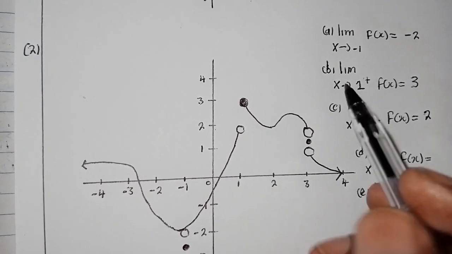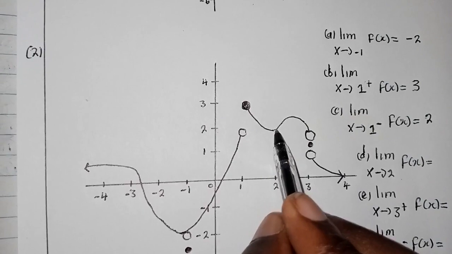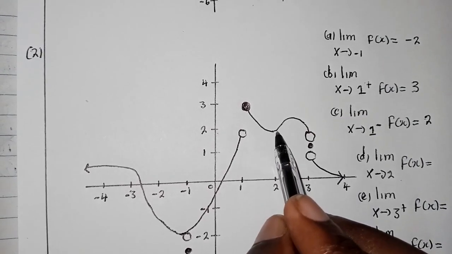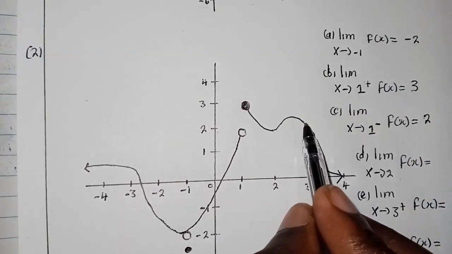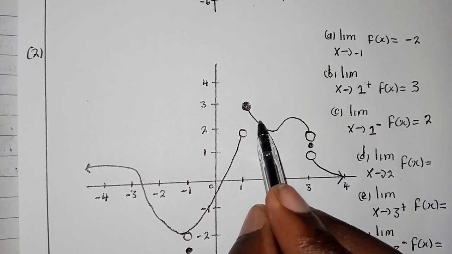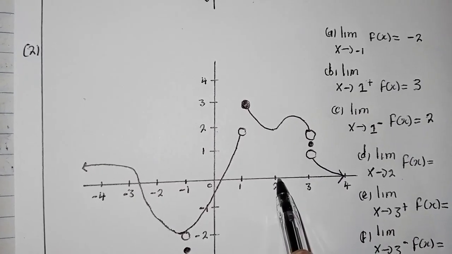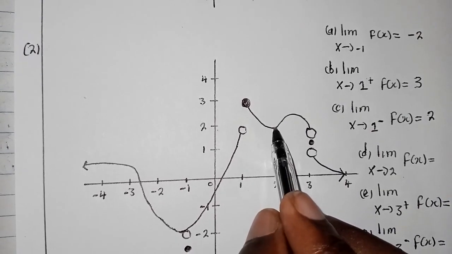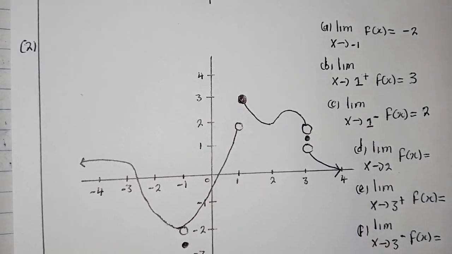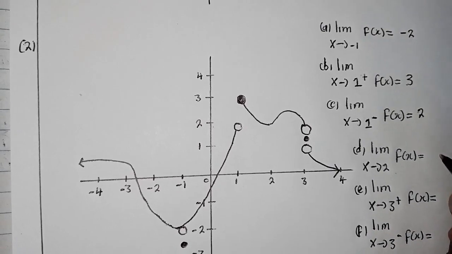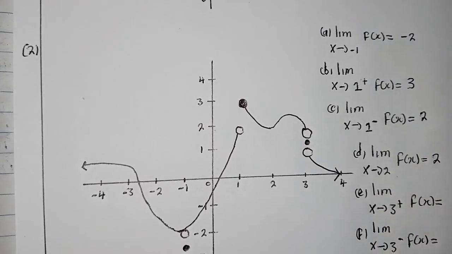But then you discover that we don't find any closed hole or open circle here. It's continuous. The line is very much continuous here. There is no discontinuity. Therefore, you just take the value that you are going to find. In this case, the value is simply 2 from both directions. So it's just 2.